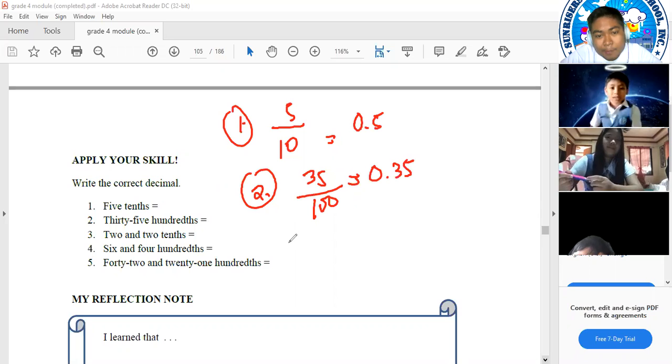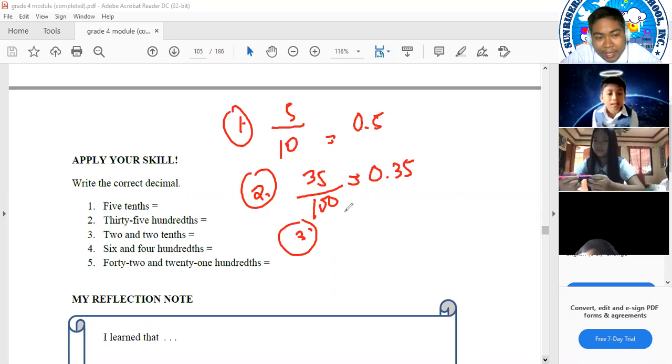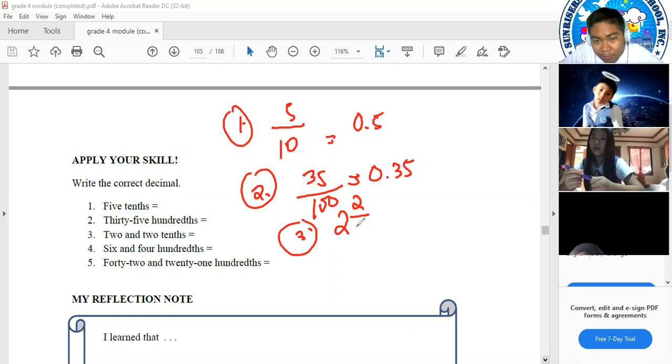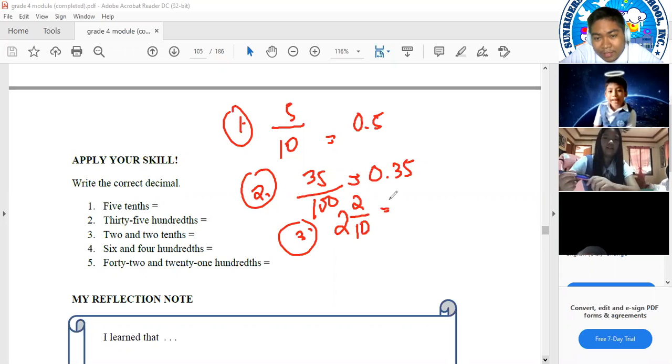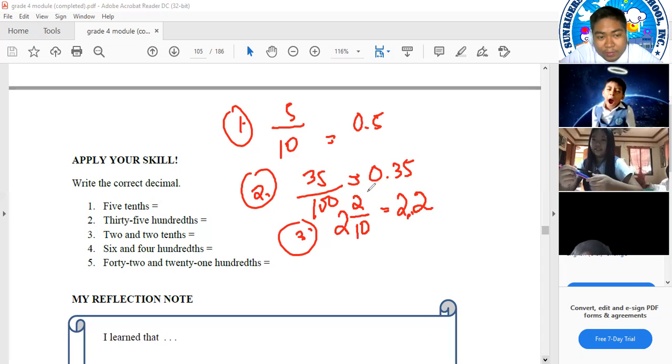Tama? Number 3: 2 and 2/10. So the fractional part would be 2 and 2 over 10. The decimal form would be 2.2. Take note of that, okay?